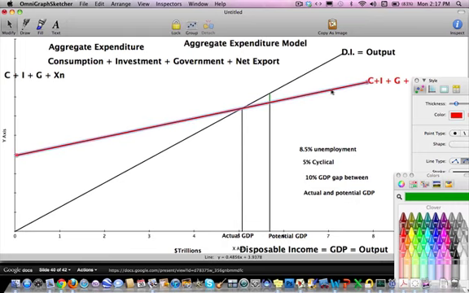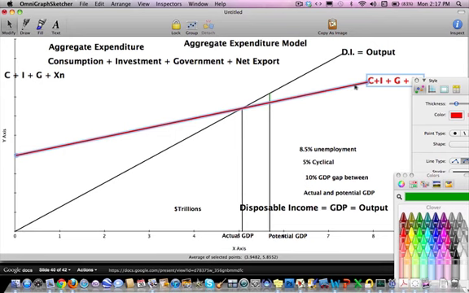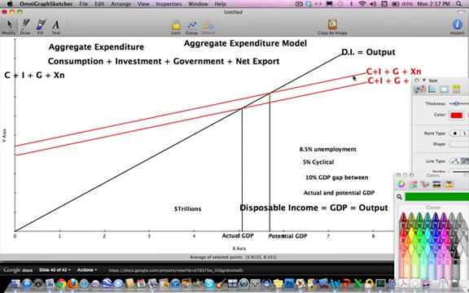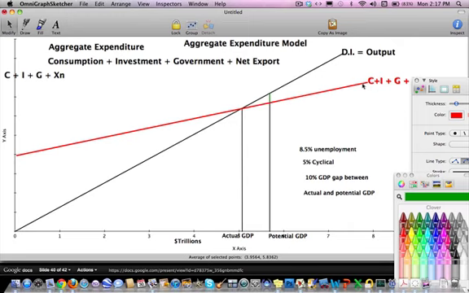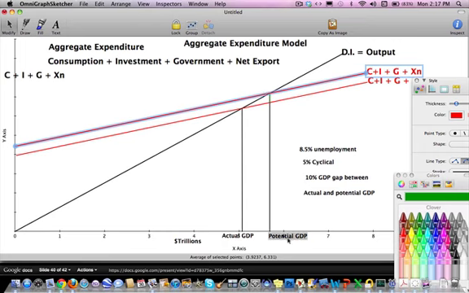Because after all, if our C plus I plus G plus X line goes up by this much, then we're going to be at potential GDP, but it's not there yet. So this green distance shows you how deficient spending is in order for us to be at this new equilibrium where we would actually reach our potential GDP.